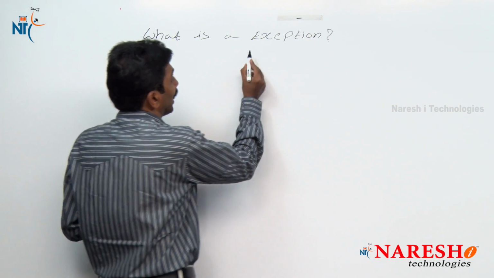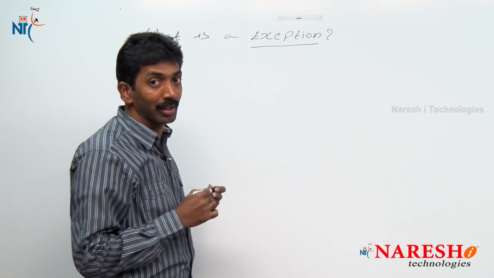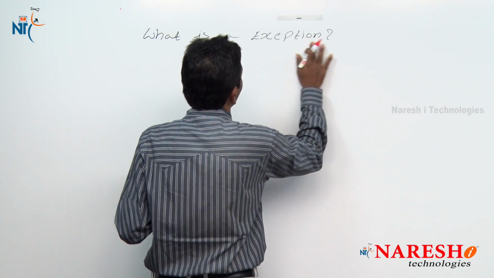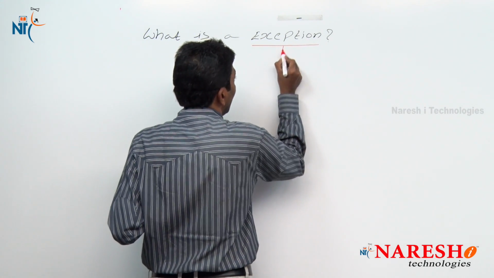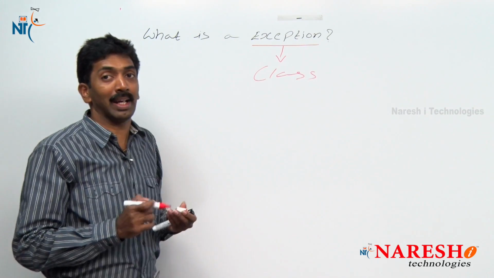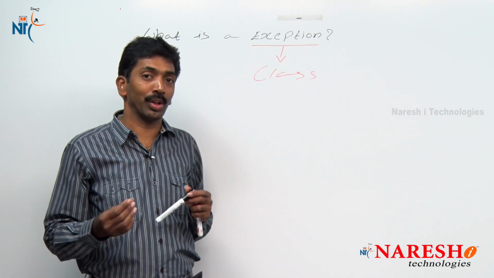These exceptions are responsible. What is an exception? Just to understand, it is a class. The exception is going to be a class. And what is this class going to do?